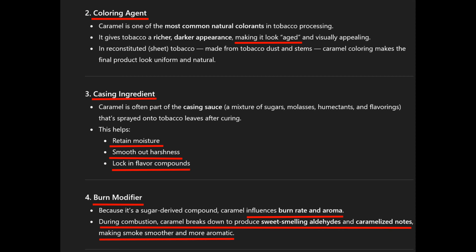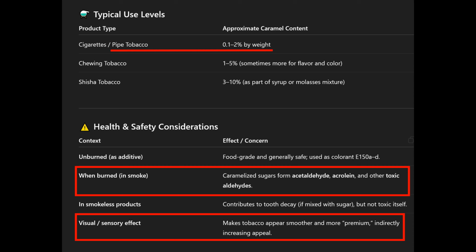Okay, burn modifier: influences burn rate and aroma. During combustion, caramel breaks down to produce sweet smelling aldehydes and caramelized notes, making smoke smoother and more aromatic. Next, typical use levels in pipe tobacco: 0.1 to 2% by weight.